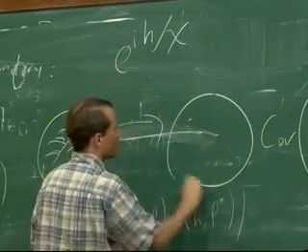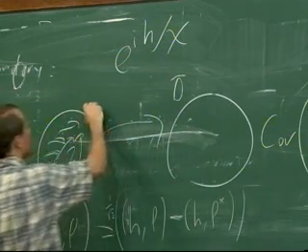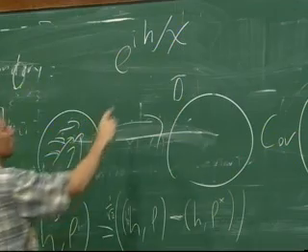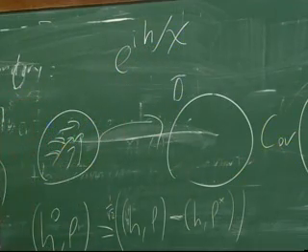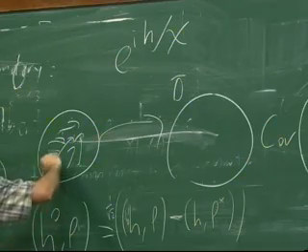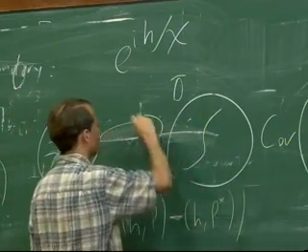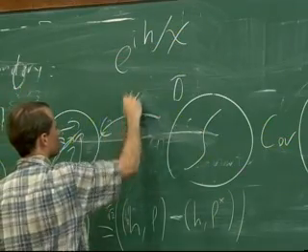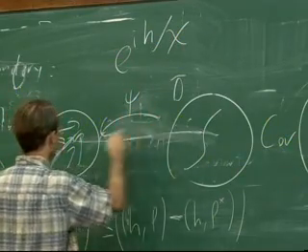And if I can formally map this to a d tilde, then I could ask, what do I have to do to h in order to make it so that the flow lines up here are the images, or the pullback by psi, of the flow lines over here.